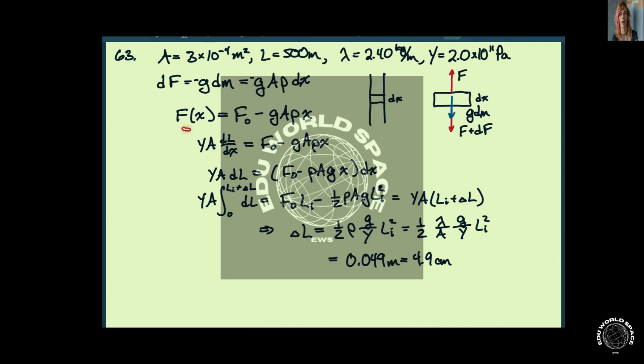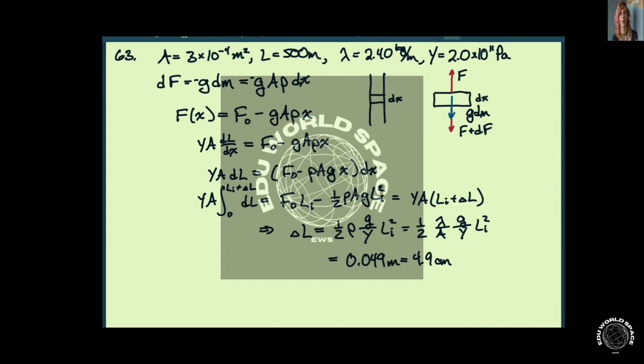Now if we integrate that, we can see that the force in the cable is a maximum at the top, and when it gets to the bottom, it's going to be a minimum. So when x equals L, this should be 0, and because this is just g A rho times L, basically the weight of the cable.